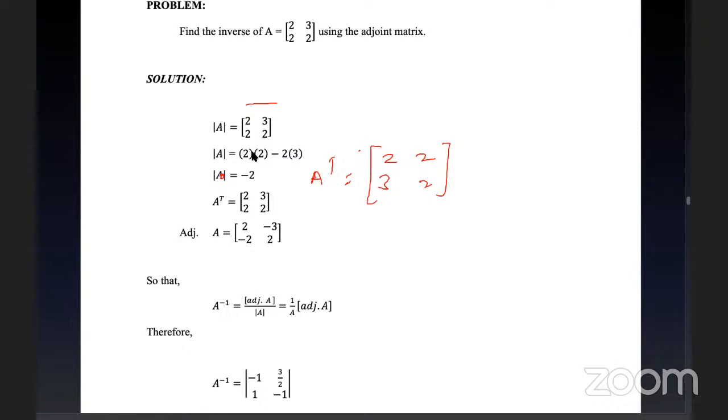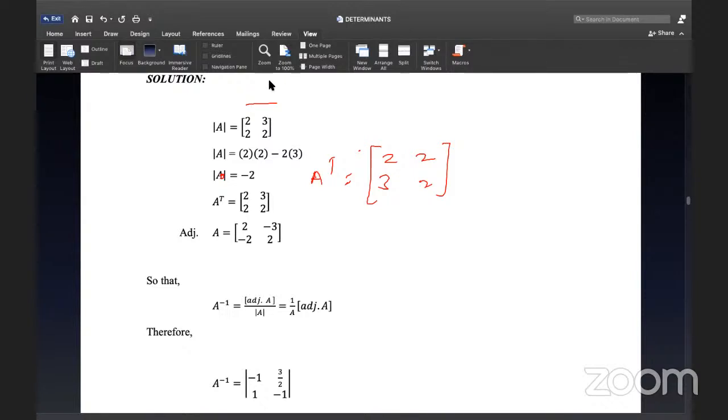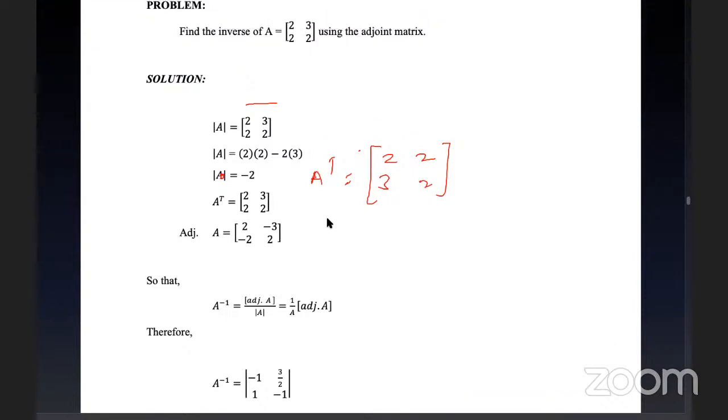Okay, sige. So yung adjoint natin will be, di ba, adjoint is signed minor. Yung adjoint natin will be achieved by replacing the elements of the transpose by its cofactor. So the adjoint of matrix A is, tama naman to.